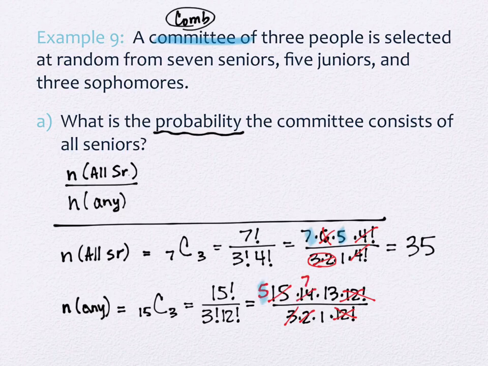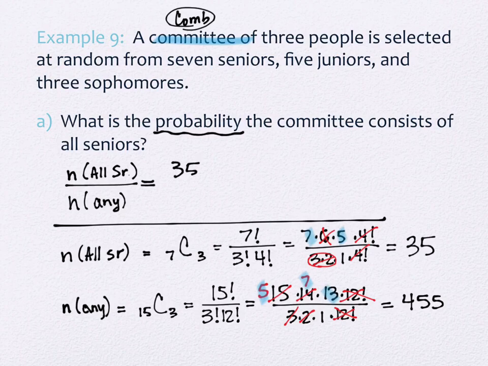So we have 5 times 7 times 13. 455. So we take these values now and go back up and actually answer the question we were asked.